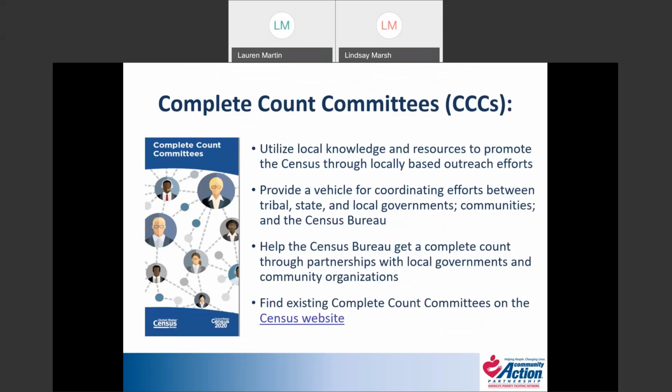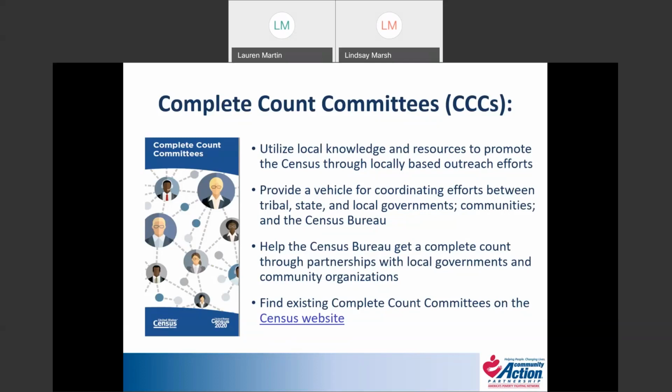CCCs near each agency can be found on the Census website that's hyperlinked in this slide. This is one of the best ways to coordinate efforts to ensure everyone hears the message that the census is safe, easy, and important. Many states also have a statewide complete count committee that's coordinating efforts on a statewide level.